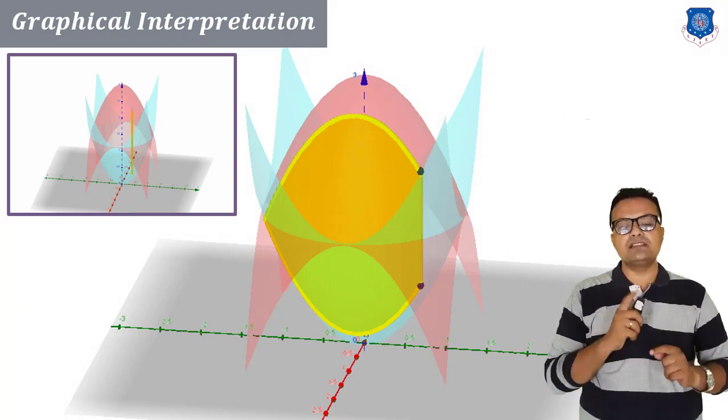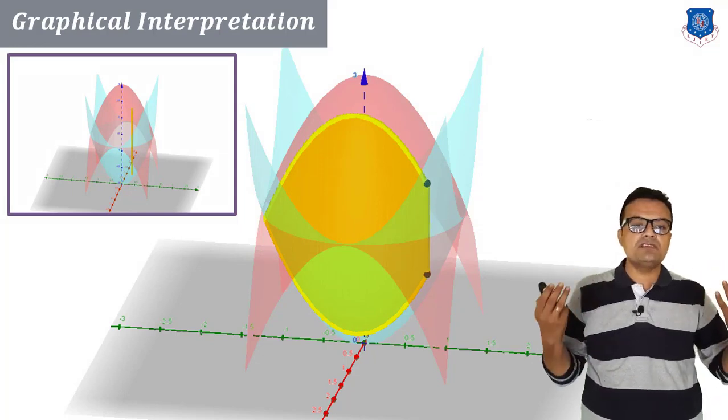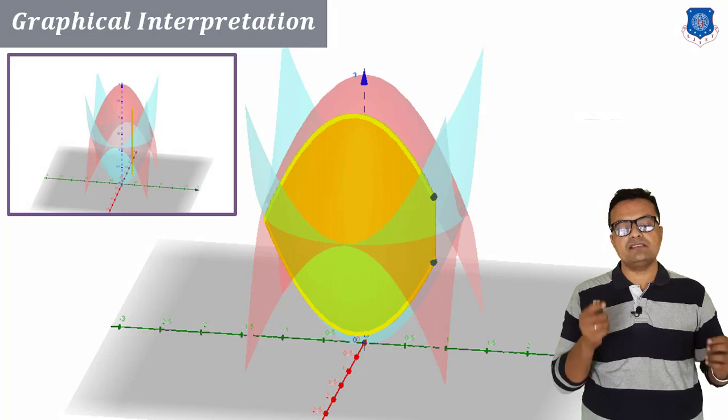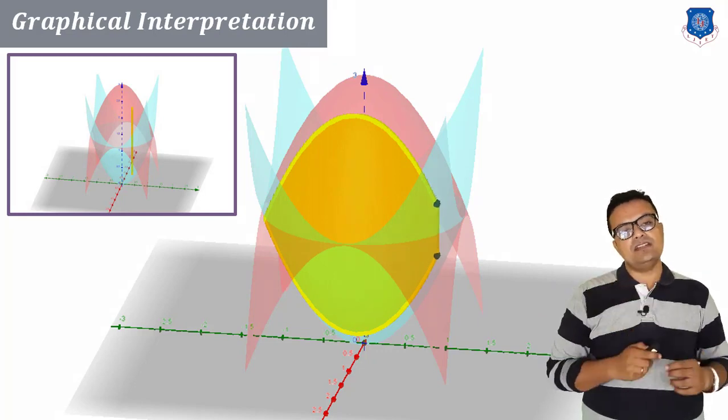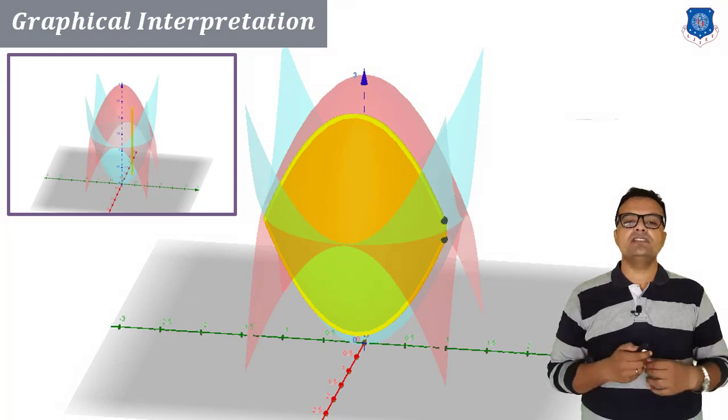Let us complete this graphics first, so it will help you to imagine what we are actually going to consider by this second integration in the triple integration. Okay, so now we are done with this.